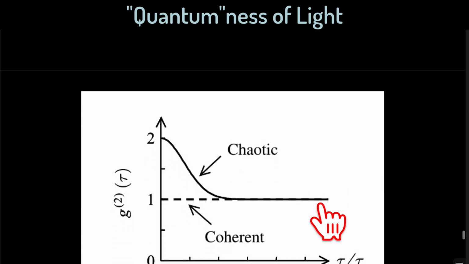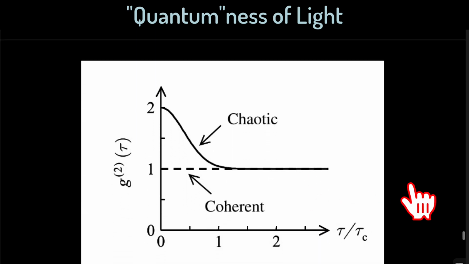Before that, let's look at how the G2 value looks for conventional light sources, such as a chaotic light source. Chaotic in this case can be any light source which has a Gaussian, Lorentzian, or any form of distribution of intensity. So here is the chaotic source.